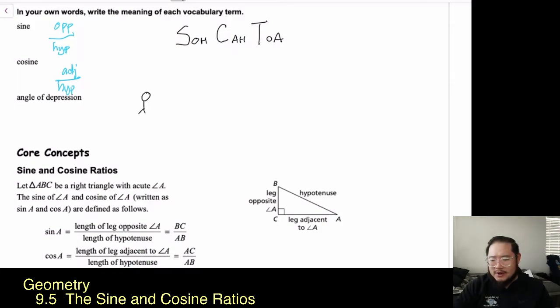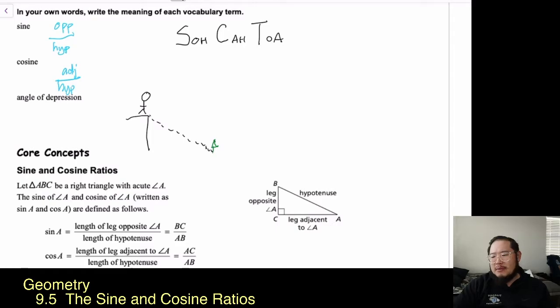If we have a person right here at the side, and he's looking down at an object, let's say this is at the top, and they're looking down at a tree right here, looking down at the tree from atop the mountain, the angle of depression is the angle where this person is actually looking down at the tree.